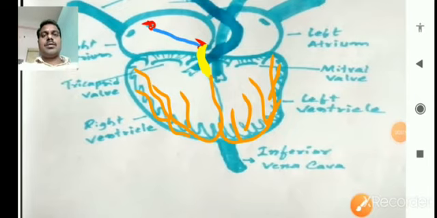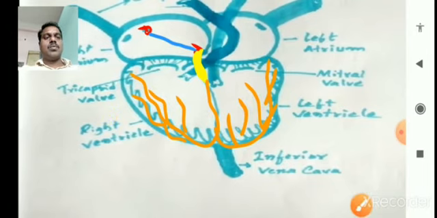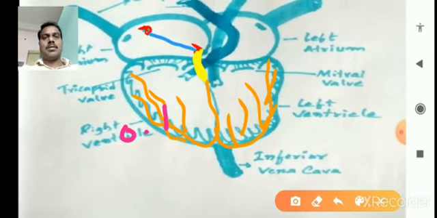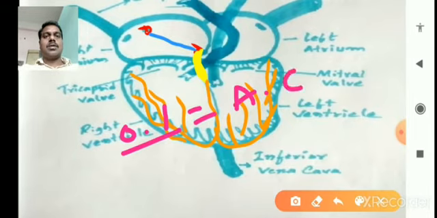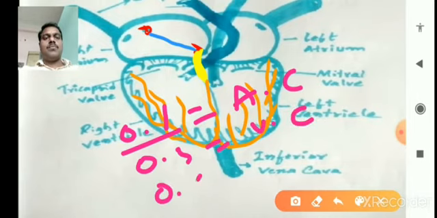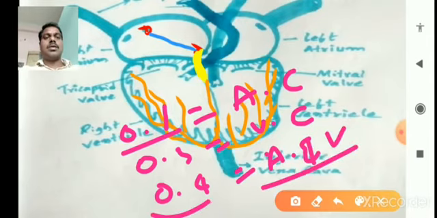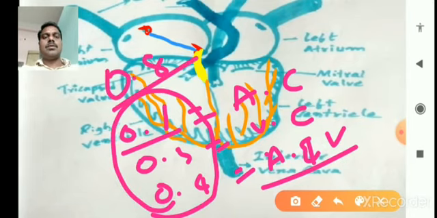The systolic and diastolic contraction and relaxation: 0.1 second for auricle contraction, 0.3 second for ventricle contraction, and 0.4 second for auricle and ventricle relaxation. So total 0.8 seconds. Yes or no? Contractile stands for systolic, and relaxation stands for diastolic.